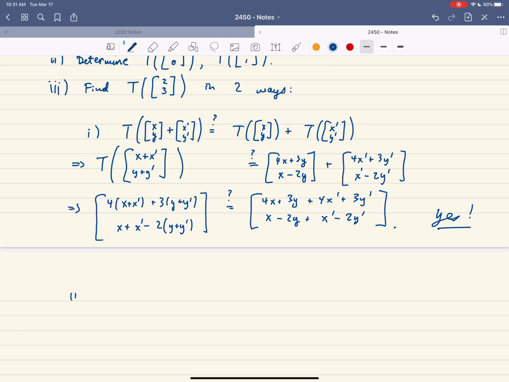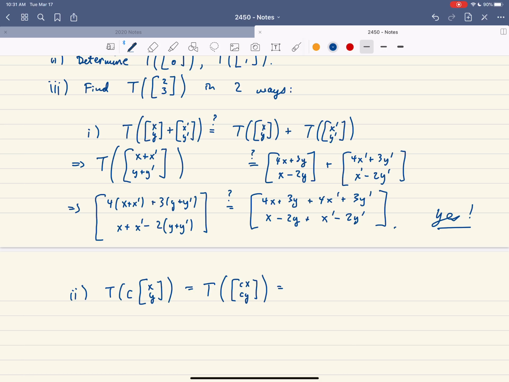Next we're going to look at T of c times some vector. We just established that this linear transformation is additive. Now we need to check whether or not it's homogeneous. So we look at T of, if I multiply the c through, (cx, cy), because that's how it works in R2.